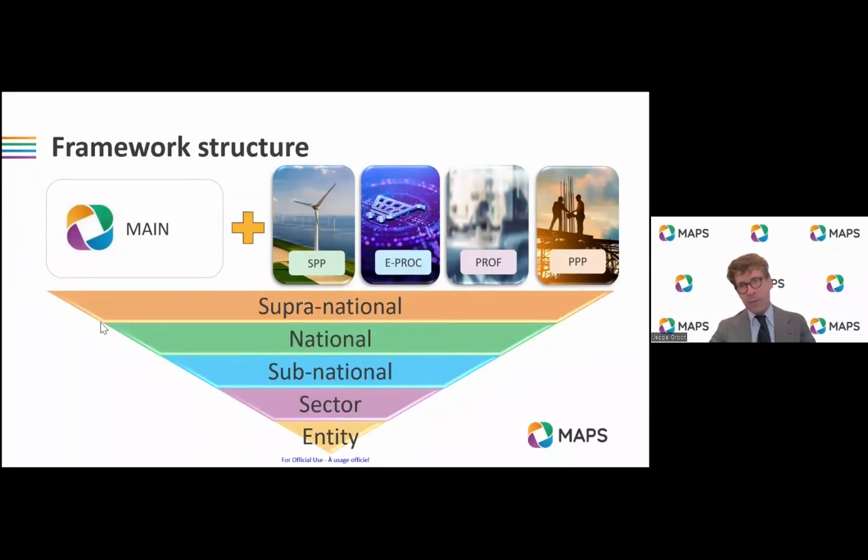So just to run through quickly each of these levels, at the supranational level, that could be an association of countries. The important part there is that this supranational entity or association must, of course, have a procurement system that can actually be assessed. And this is something that goes through all the levels.